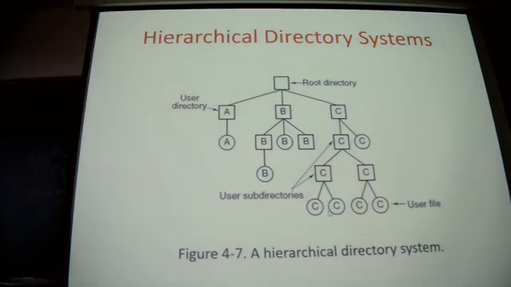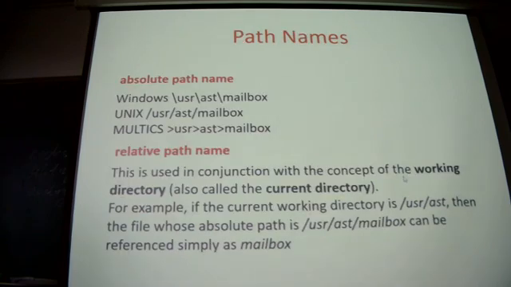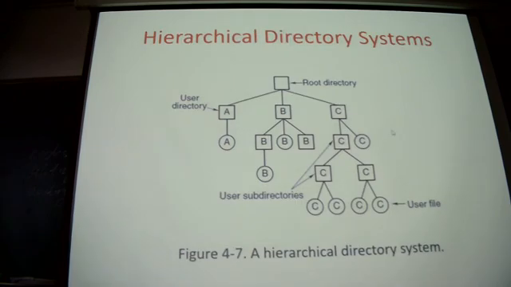Another type is to organize the files into a hierarchy directory. This is a hierarchy. We can see that this is the root directory, and the first layer, second layer, third layer, and fourth layer. In fact we just use the hierarchy directory system.